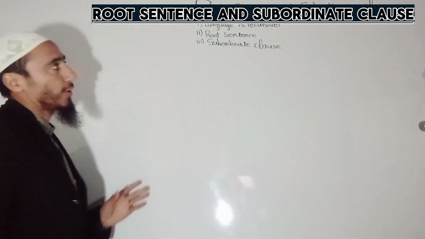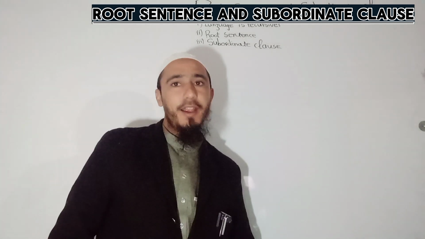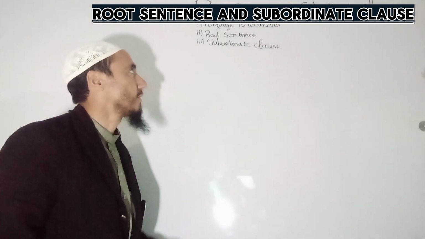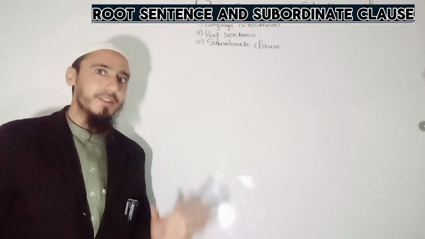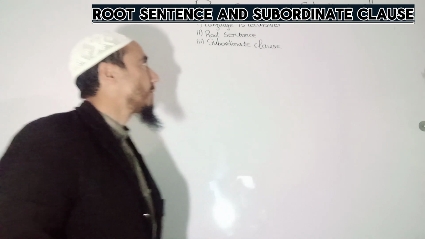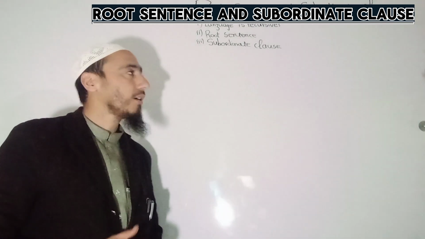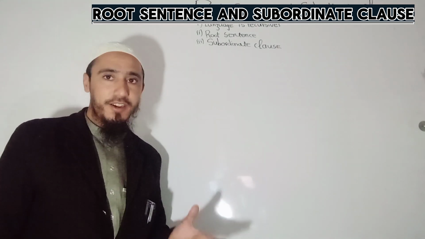However, today we are going to start the new chapter, and it is about root sentence and subordinate clause. You will learn what a root sentence is. Previously, in short words, I defined root sentence, but I'm coming to talk about it in detail in this lecture, and also about subordinate clause.